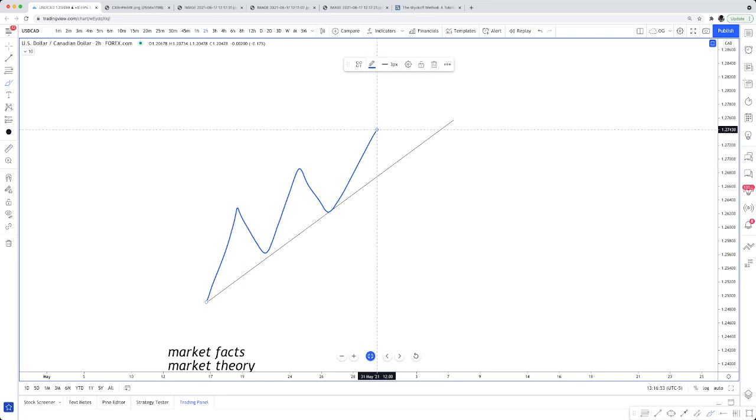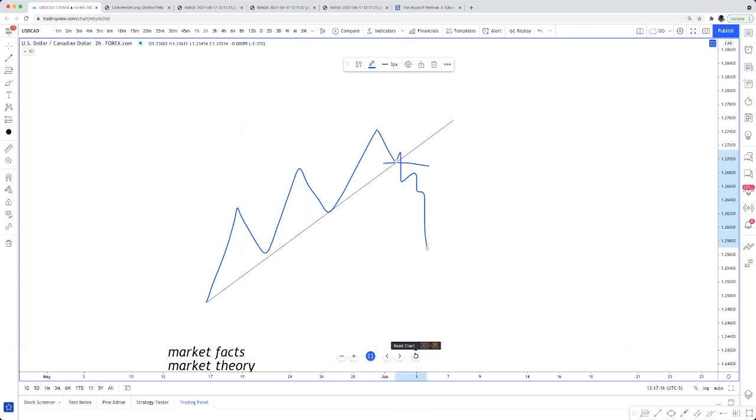But why is it that once the market comes back to this trend line, you look for an opportunity to go long, you look for opportunity to buy, which basic education is telling you, but it ends up teasing you a little bit, and then it just goes all the way down, stops you out, and you lose. Why is it that market theory doesn't work every time, but market facts is something that's continuous, right?